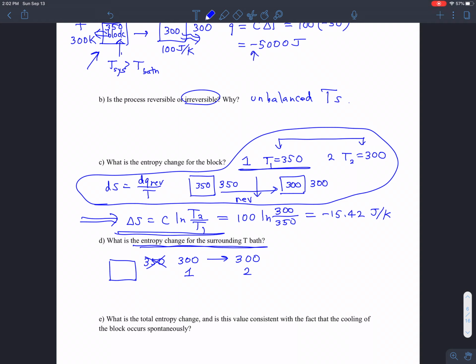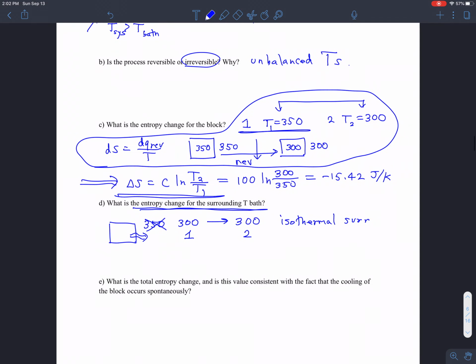We can choose any reversible path we like, but the simple one is obviously to choose an isothermal process for the surroundings. But it has to be an isothermal process that conserves energy, which means that whatever energy loss occurred in the system has to be the negative energy loss for the surroundings. So delta S for the surroundings has to be minus the heat loss for the system, divided by the isothermal single temperature that all this took place at.